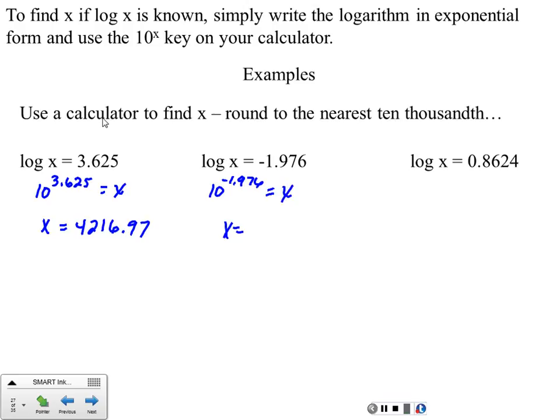So we'll just run through these, make sure you can come up with the same numbers that I'm coming up with.